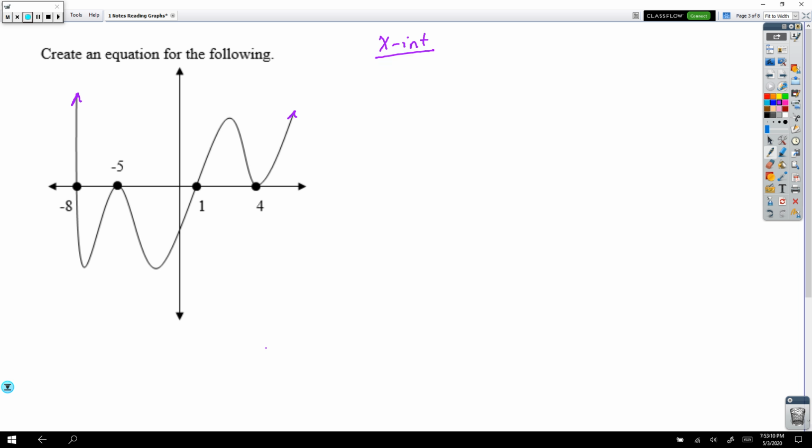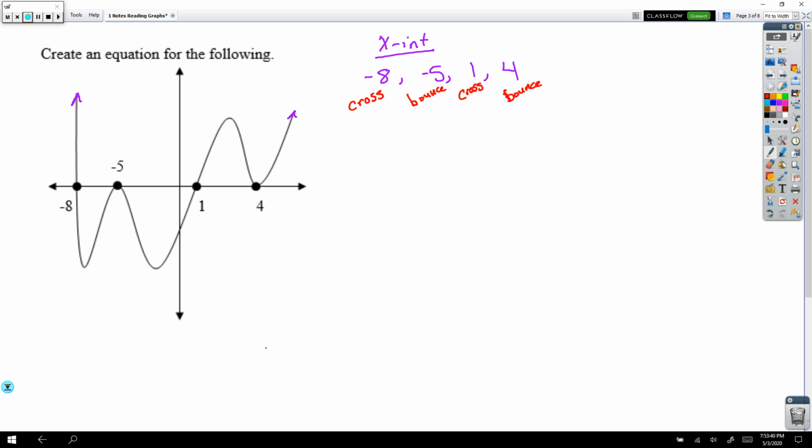So I have x-intercepts at -8, -5, 1, and 4. Now that I have those x-intercepts, I want to see what crosses and what bounces. So -8, we cross. Then -5, we bounce. Cross at the 1, and then bounce at the 4.